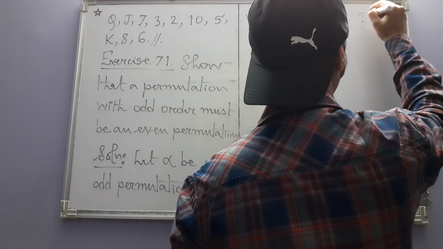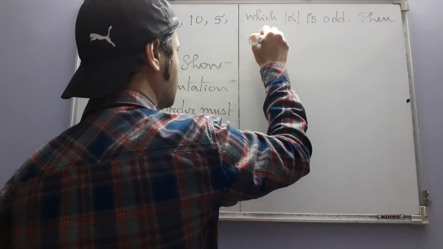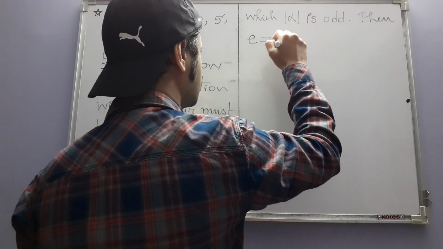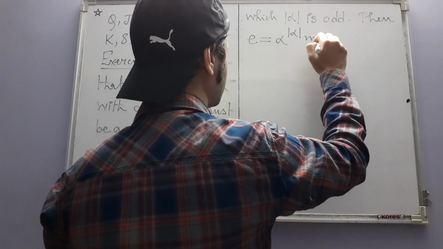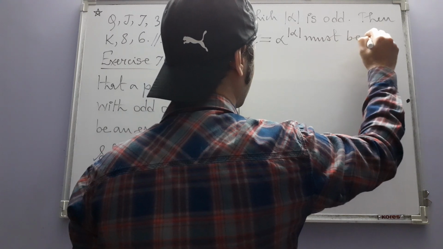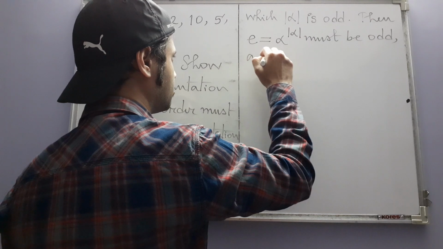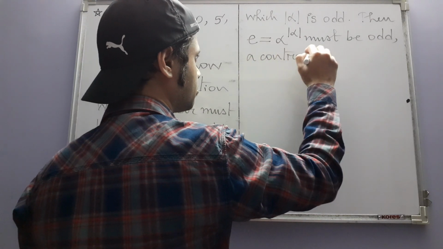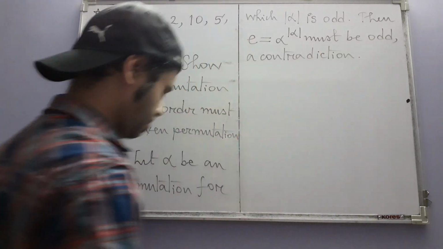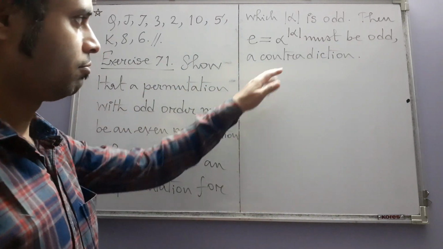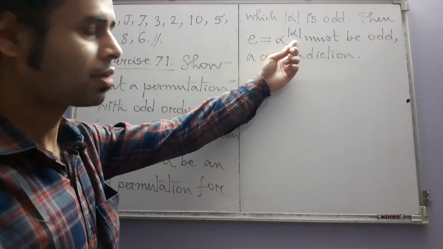Then the identity element, which is this, must be odd, a contradiction. Okay, why is it odd and how are we getting that this power is odd?